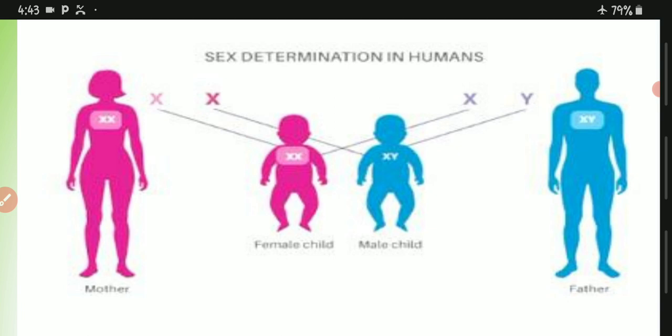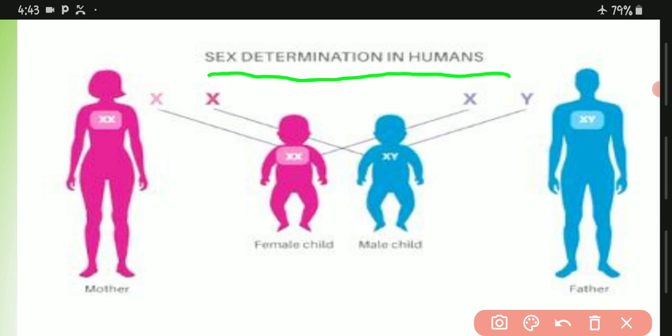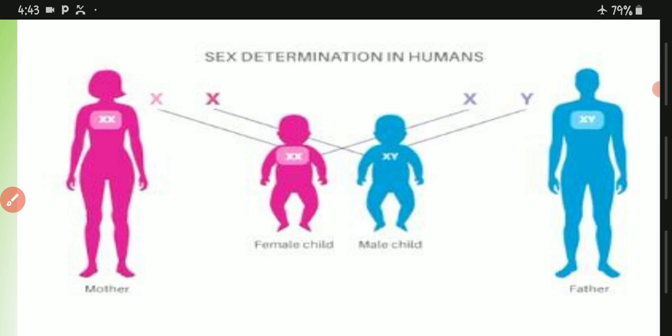Now in today's lesson we are going to look at sex determination in humans. So this is our subheading for today. Let us begin with the definition. Sex determination is defined as the process by which the distinctions between males and females is established within members of a species.